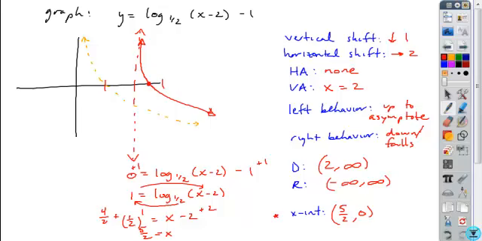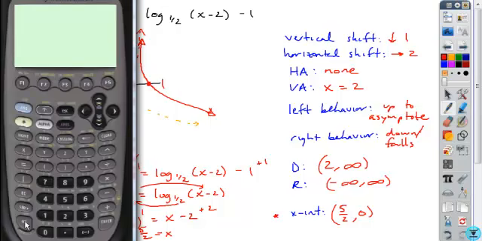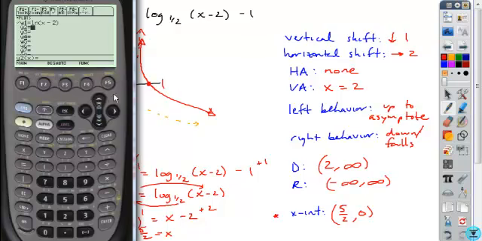Right, we could type this in our calculator to confirm. If I go to my Y editor, I'll replace what I have. I'll hit green diamond 7 and type in log.